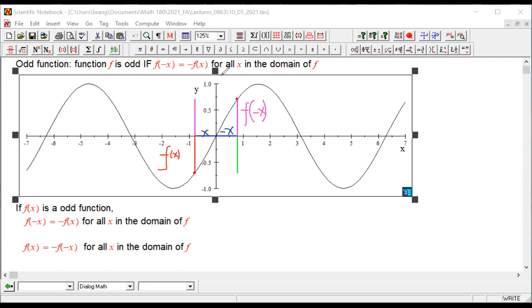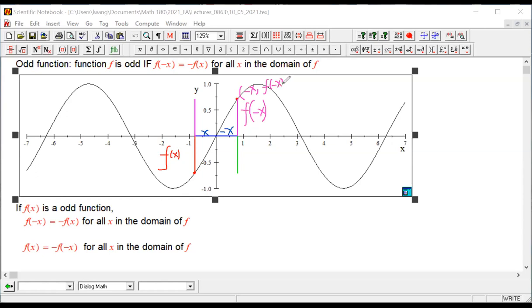This one shows the input is x, the output is f of x, right here on the dot. And this one over here, the input is negative x, the output is f of negative x. So these two dots, this dot on the top I'm pointing to, this dot is negative x. That's the input, and the output is f of negative x.